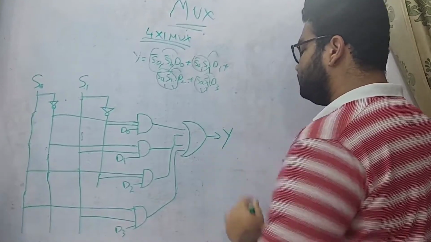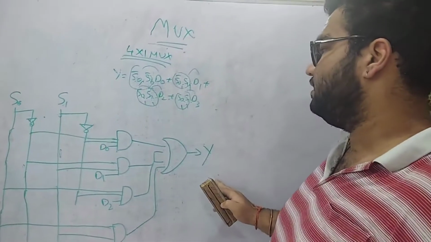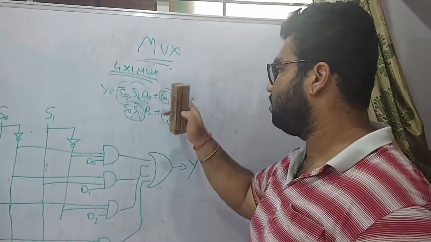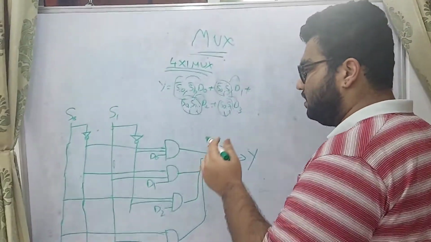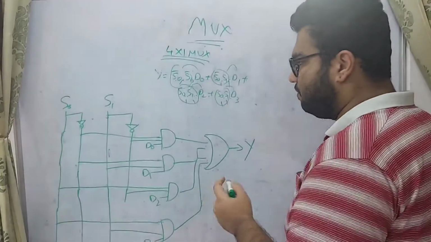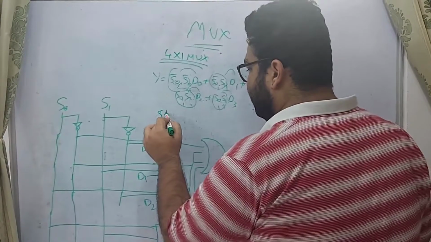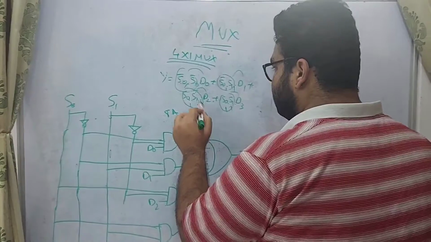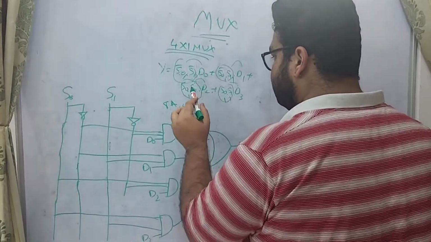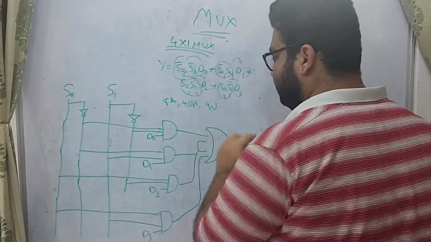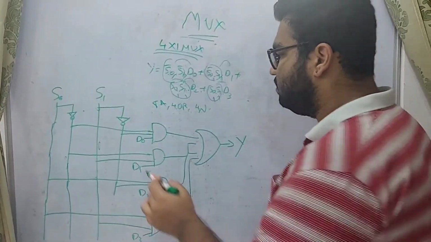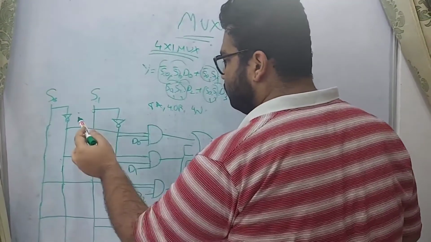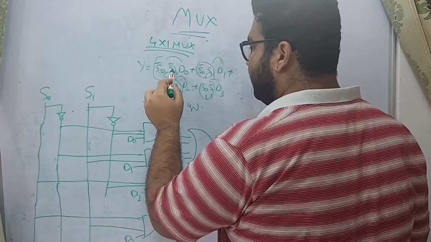This is the final logical representation for 4x1 MUX. As I told you a minute before, 8 AND gates, 4 OR gates, and 4 NOT gates are required. So I have mixed these, using NAND gates for S0 bar and S1 bar.